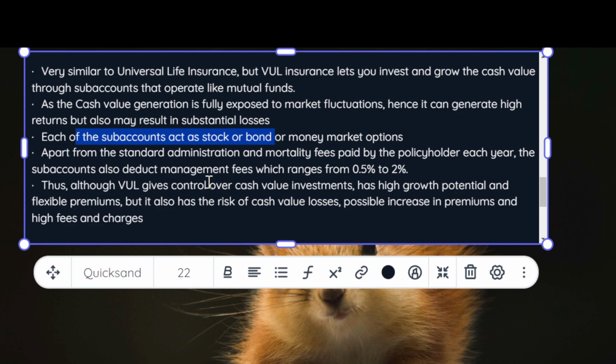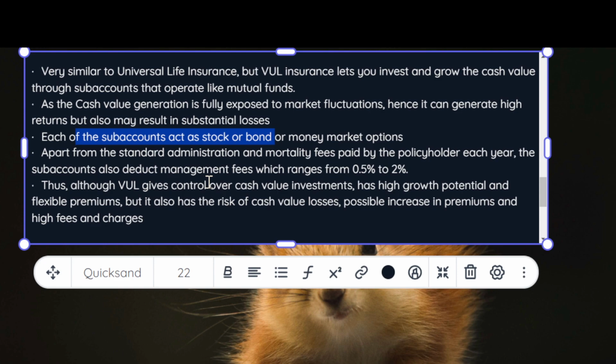So the first thing that we spoke about is it is giving you the total independence of investing your money through different sub accounts. And the second part is that you have to pay a little high administrative cost to maintain variable universal life insurance, right?